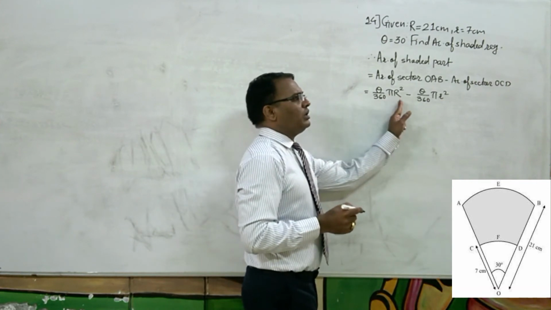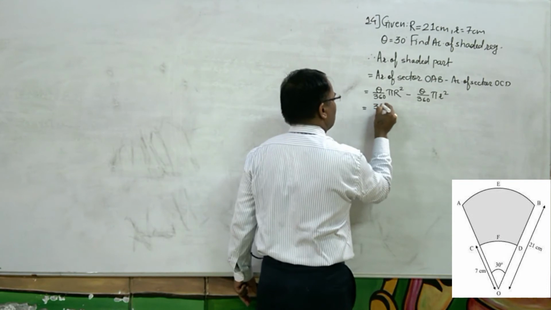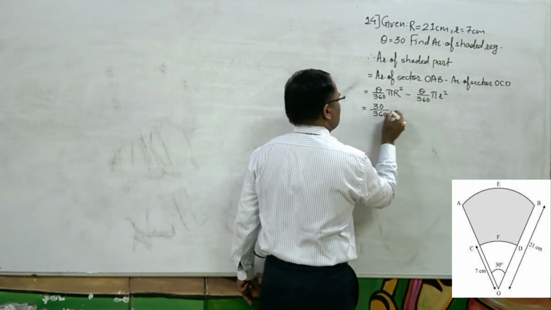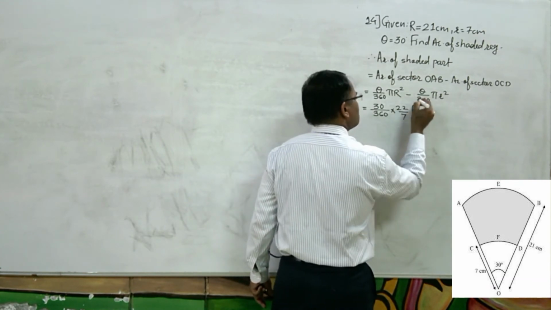The difference is only in the radius. Okay, so what we'll do, theta is common, 30 upon 360 into pi is also common, 22 by 7.